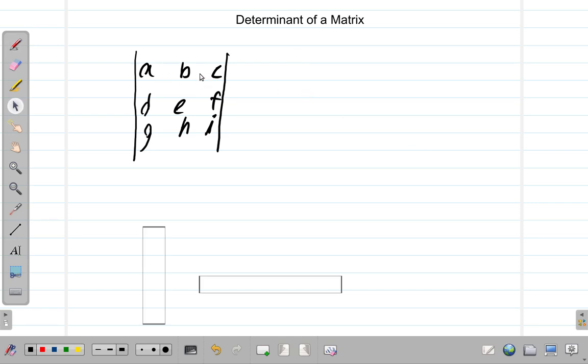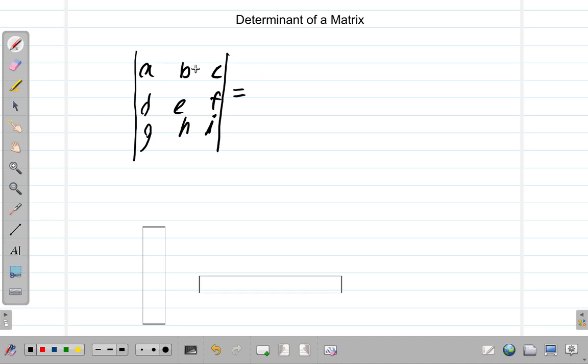So here now, to get the determinant of this matrix, these are the steps. I'm using letters now, but in another video we'll use numbers, and the numbers would make the steps even more clear.